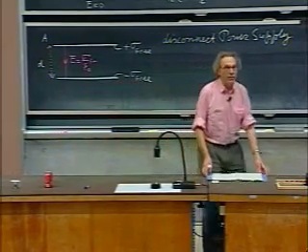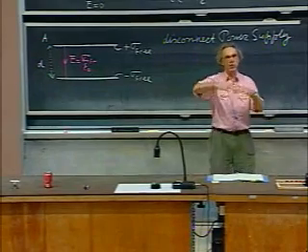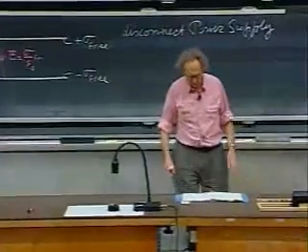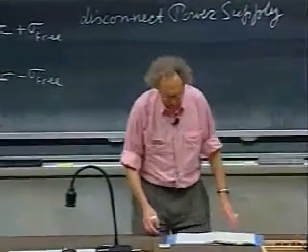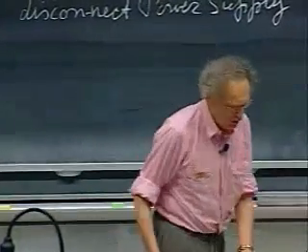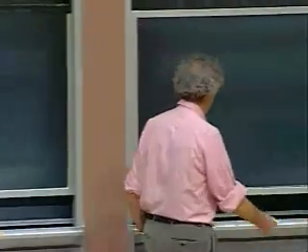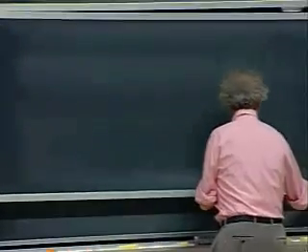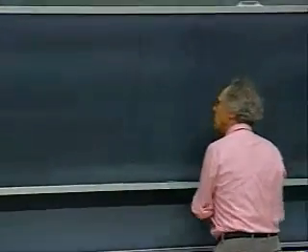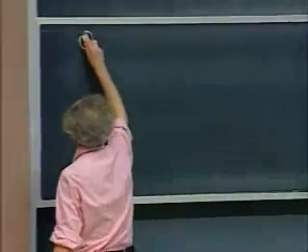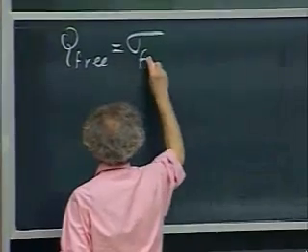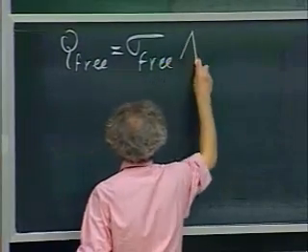I'm going to do various things now. I'm going to change the distance between the plates, and then independently I'm going to shove in a dielectric. We will do that separately, one at a time. And so the equations that I can now trust and that I will be looking at are the following. The free charge that I have, Q free, is obviously sigma free times the area.